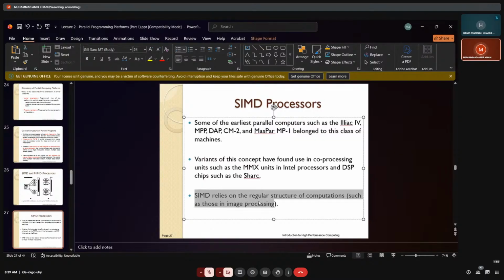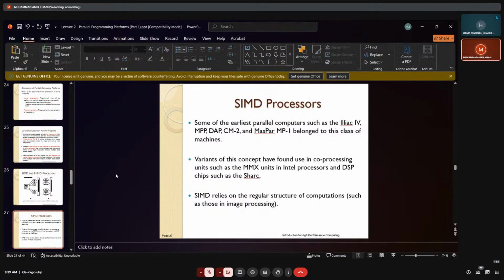This is the application that we use in SIMD architectures or SIMD processors: image processing.